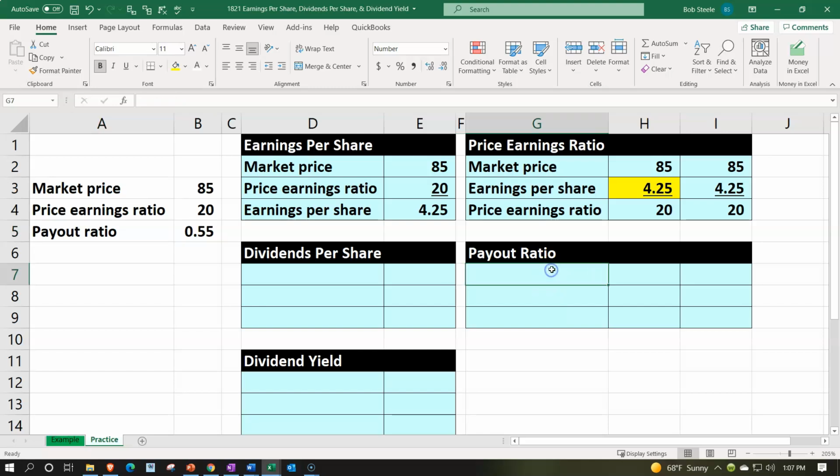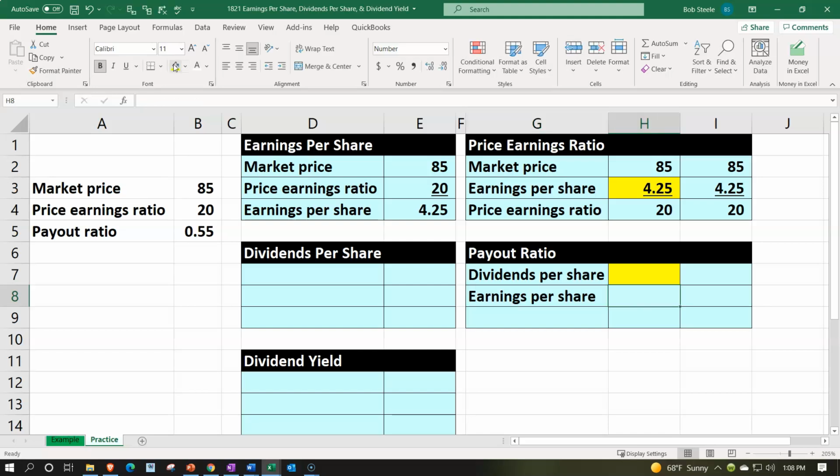So we're going to say, all right, well, the payout ratio is usually going to be the dividends per share. That's what we don't know. I'm going to make that yellow, divided by the earnings per share.